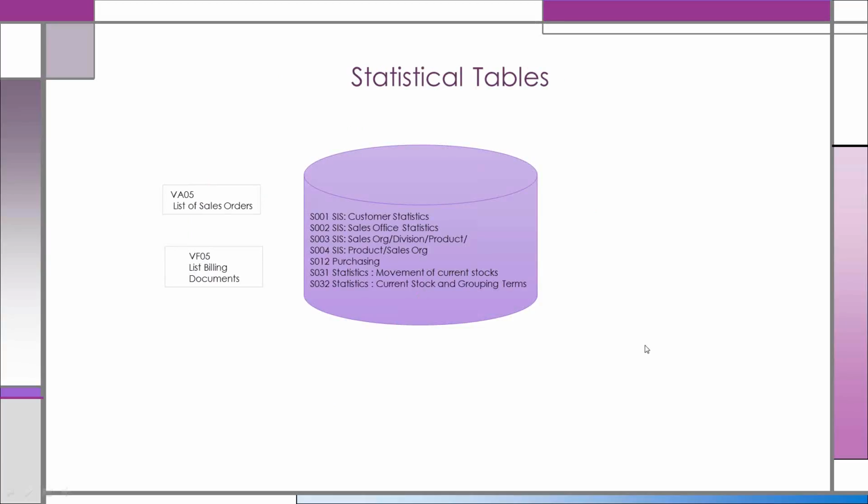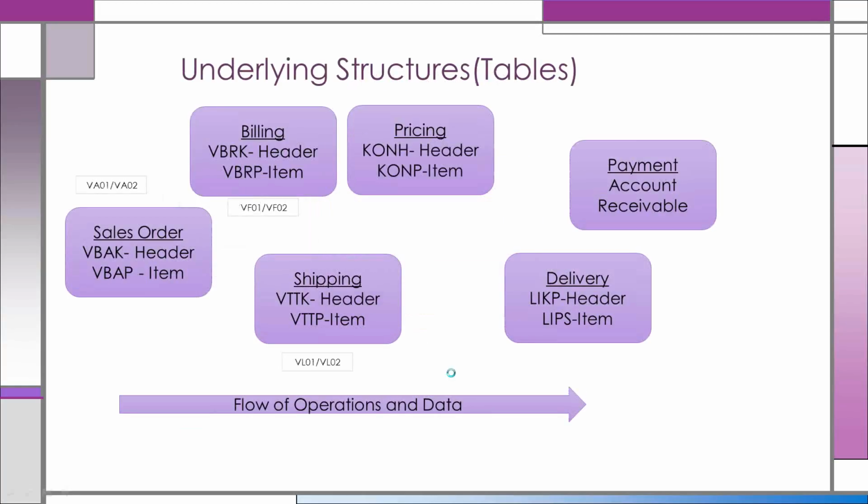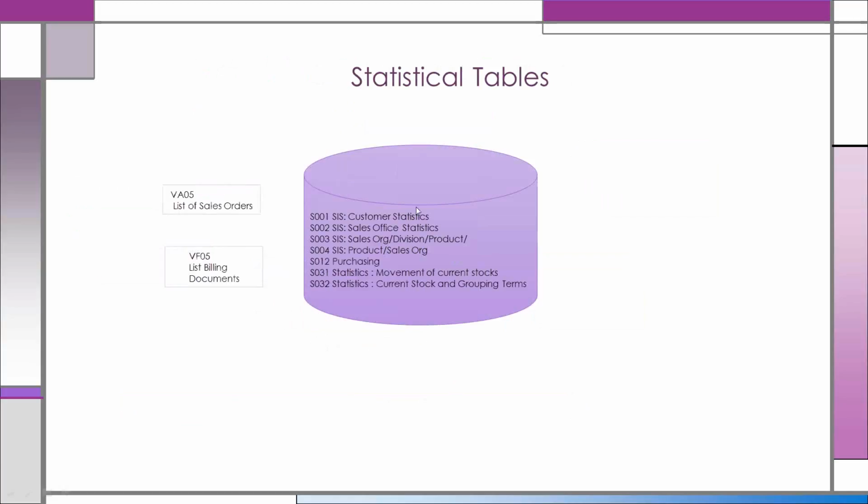I will explain in a future screen what it does. Whatever information is stored in the different tables is also stored in a statistical table, like customer statistics, sales office, sales organization, product purchasing, amount of current stock and grouping terms. These are all different statistical tables, and they hold the same data as the other underlying tables where the sales and distribution information is stored.